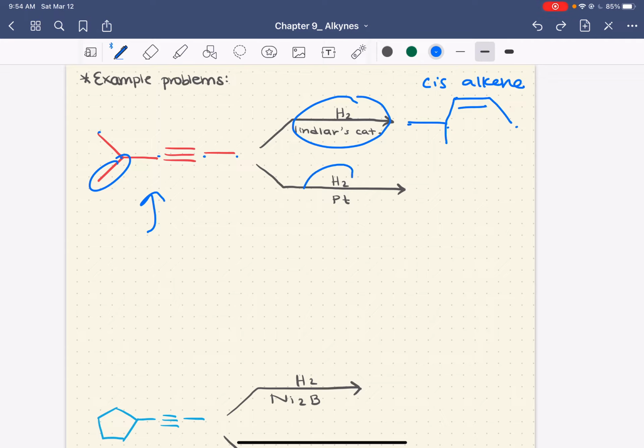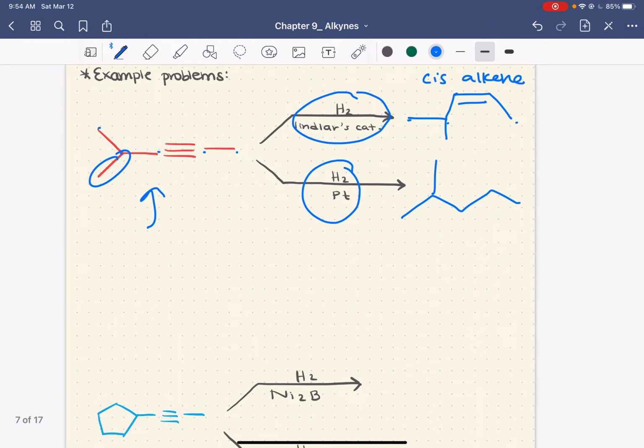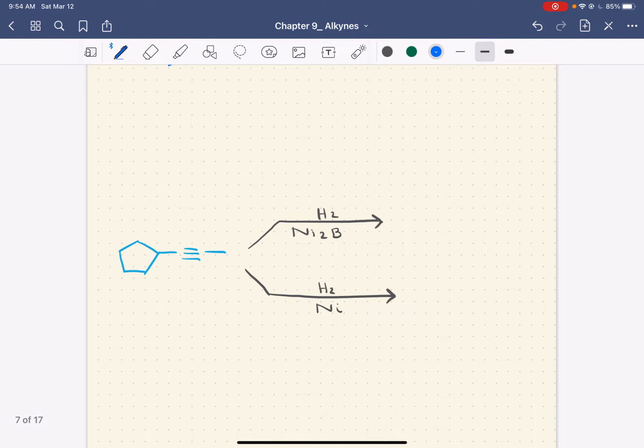Now, if we just treat it with molecular hydrogen and platinum, we're going to take that triple bond and convert it to an alkane, single bonds only. So we're not going to have any double bonds or triple bonds, and our final product will look like this. Fantastic. Now, what if we treat this with molecular hydrogen and something that is the equivalent of Lindlar's catalyst?